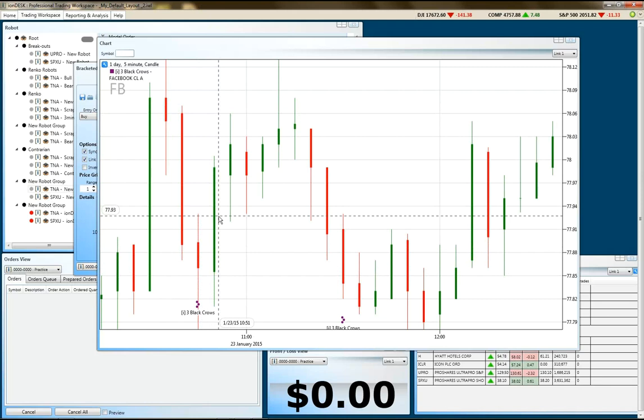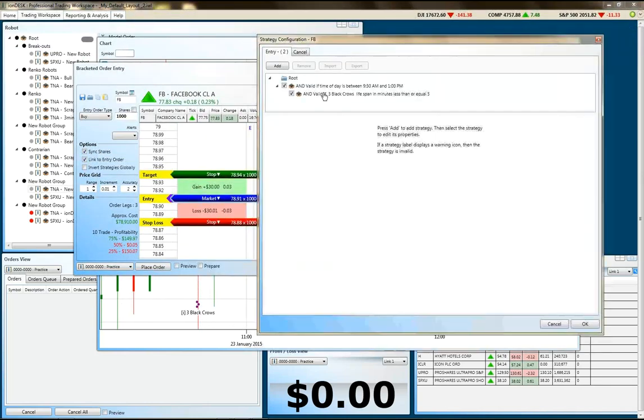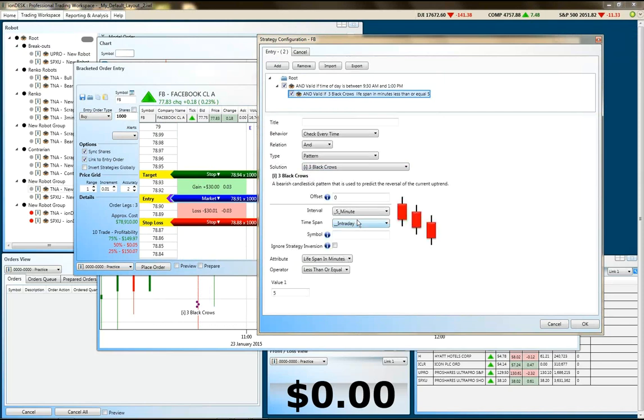Now, if you wanted to make sure that that signal was complete, what you would do is come in and say offset 1. That means I want to observe these 3 candles, but I want it to be offset by 1 candle. Let's look at that.